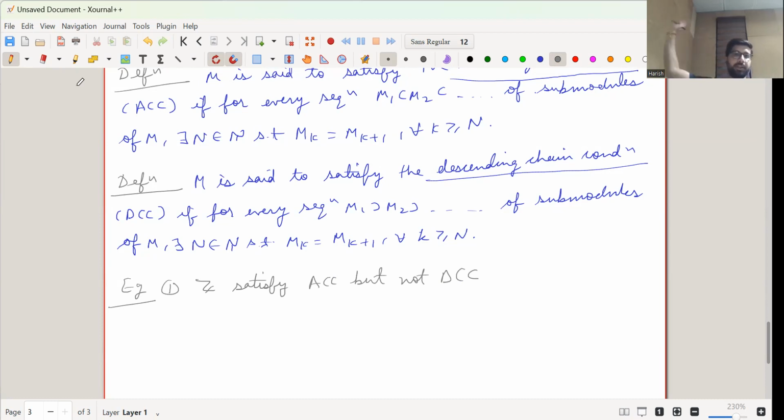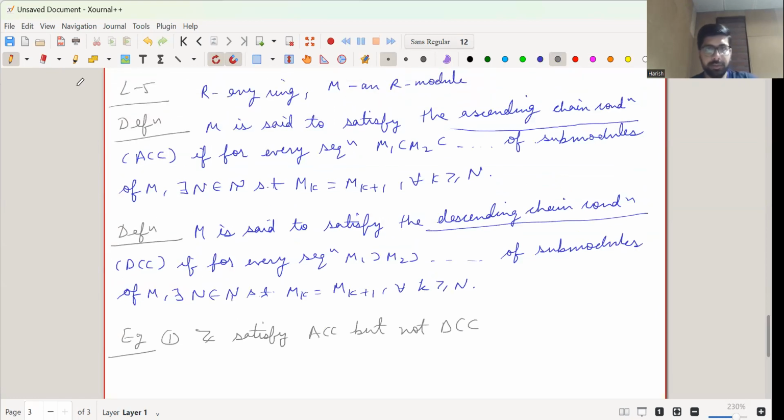So it won't terminate if you take it like that. Z, 2Z, 4Z, 8Z, then 16Z, and you can continue. And this sequence won't terminate, right? For ACC, you start with any submodule, then it has finitely many submodules containing it.